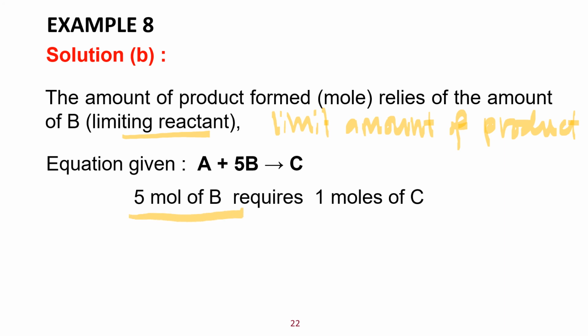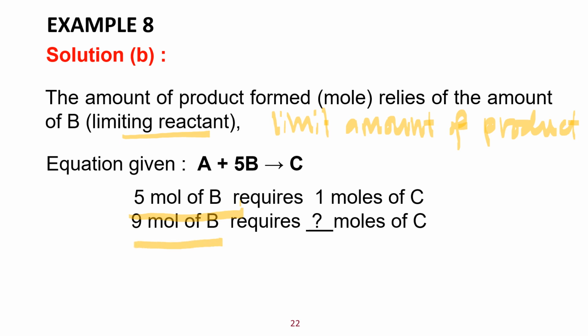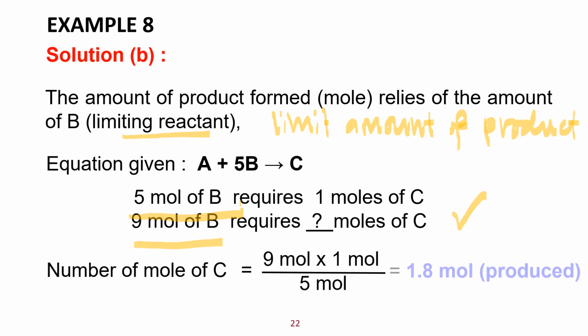In this reaction, B is the limiting reactant. 5 moles of B produce 1 mole of C. Thus, if there are 9 moles of B available, how many moles of C will be produced? To determine the number of moles of C produced in the reaction, we can use the cross-multiply method and obtain the value of 1.8 moles.